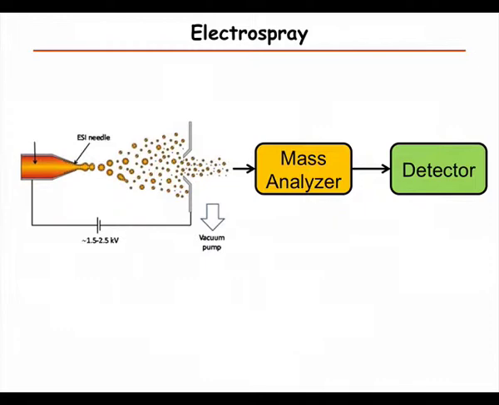flow to a needle that's at high voltage. So see here, the needle is at high voltage, and then the entrance to the mass spectrometer is at ground. And what happens then, this tip of the needle is very thin, so droplets are being formed.